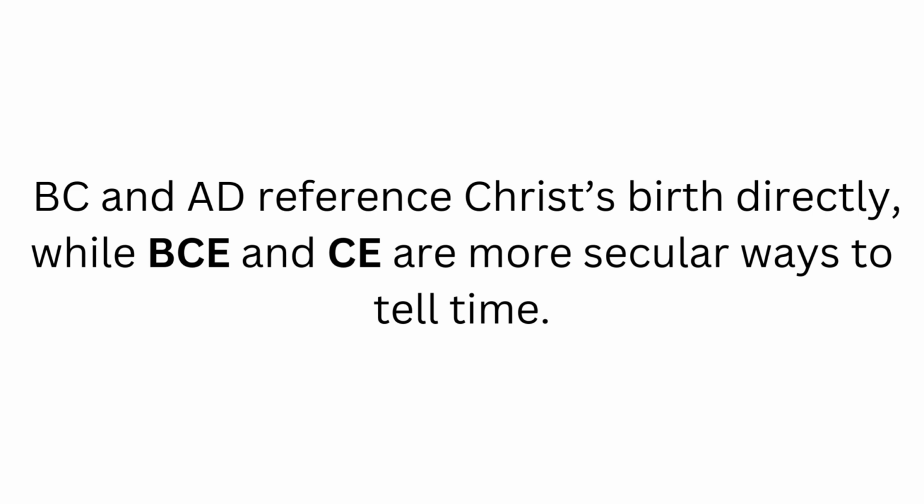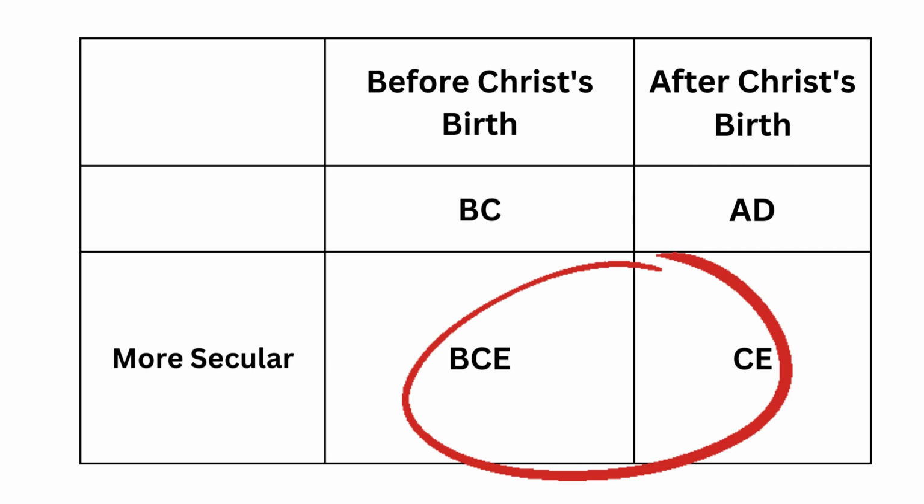Another way of categorizing these is that AD was renamed to CE to make it more secular and more inclusive, and BC was renamed to BCE. Or in other words, CE is the new name of AD and BCE is the new name of BC. And in today's dating system, only BCE and CE are used.